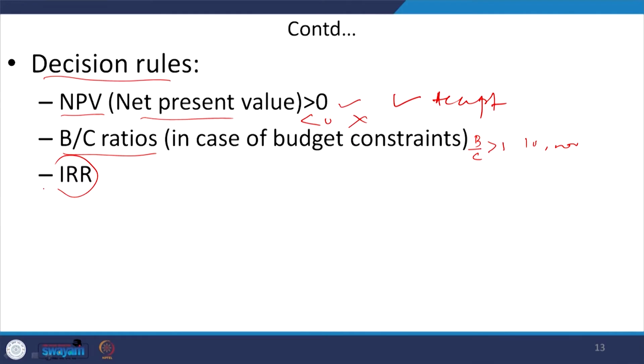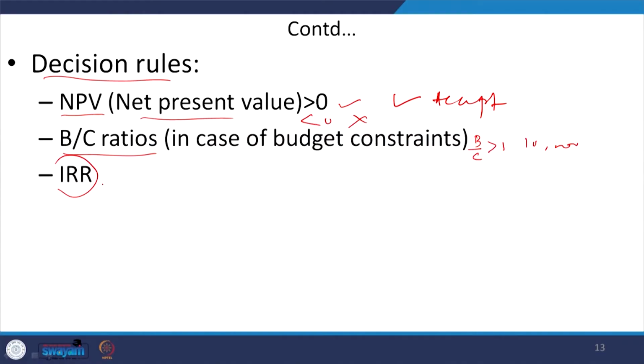And the third criterion that we can also use in making this decision rule is internal rate of return. So, what is this internal rate of return? Internal rate of return is defined as the discount rate at which the net present value becomes 0.